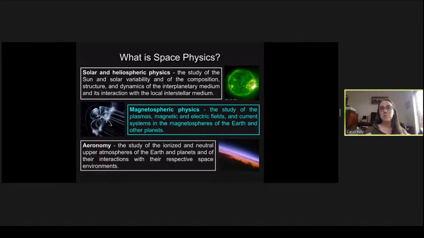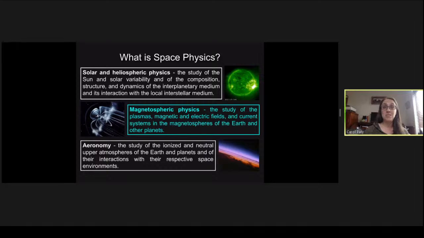Then I've highlighted here magnetospheric physics, which is the flavor of space physics that I do. And this is the study of plasmas, magnetic and electric fields, and current systems in the magnetic fields around the Earth and other planets. And I'll show you in a moment how it's this branch of space physics that helps us detect subsurface oceans.